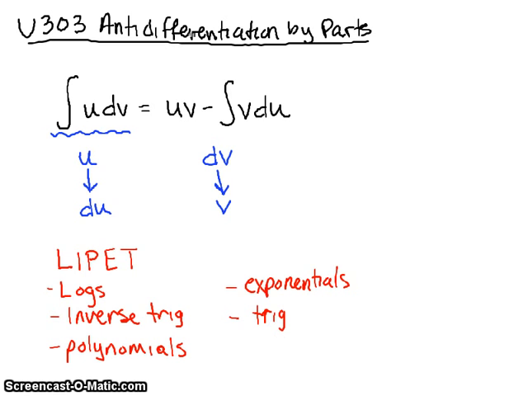This is the order that we want to look for our u when we have antidifferentiation by parts.